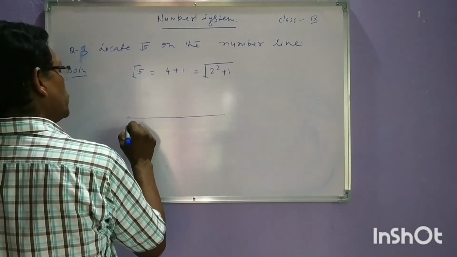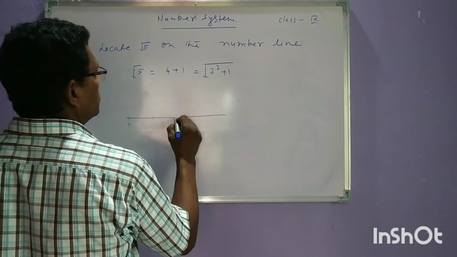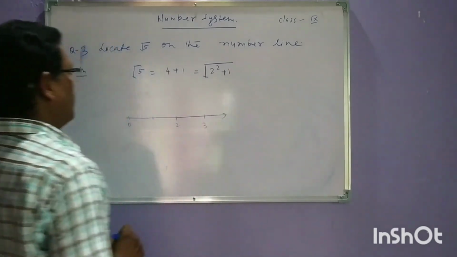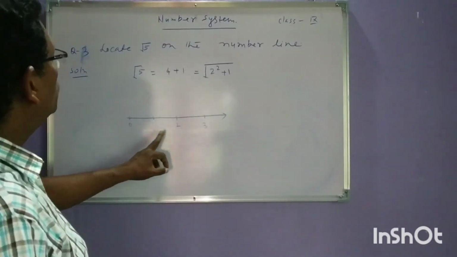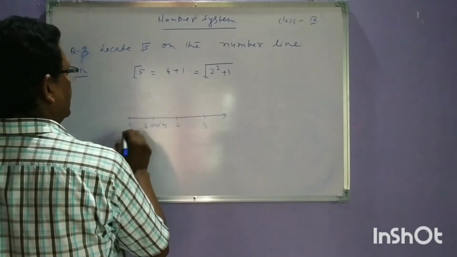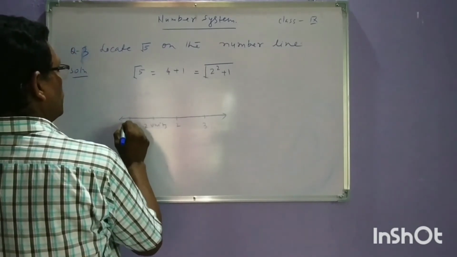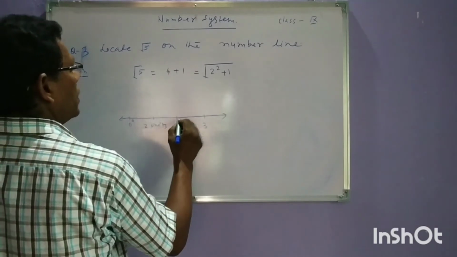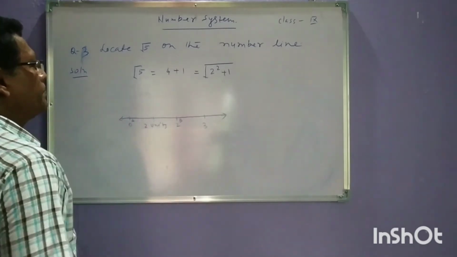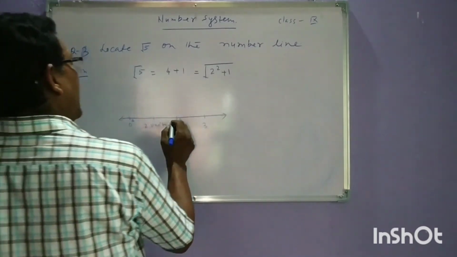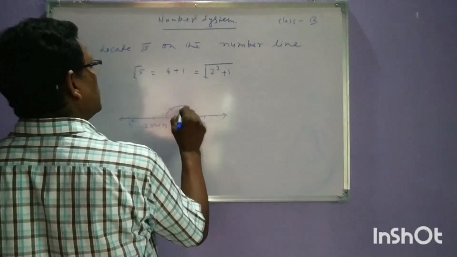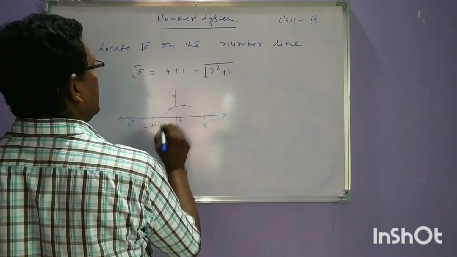Suppose this is 0, 1, 2, 3. Here we take 2 units. That is, suppose this is point A and this is point B. So 1, 2. 2 units. And at point B, we make an angle of 90 degree and join it.